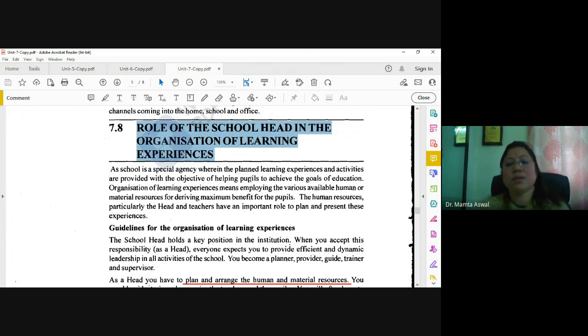So what is his role? You can only plan an activity until and unless the head says yes, you can go ahead. Then only you can plan an activity. If your head doesn't allow you to do a certain thing, then you will not be in a position to do that. Therefore he plays a key pivotal role in an organization.